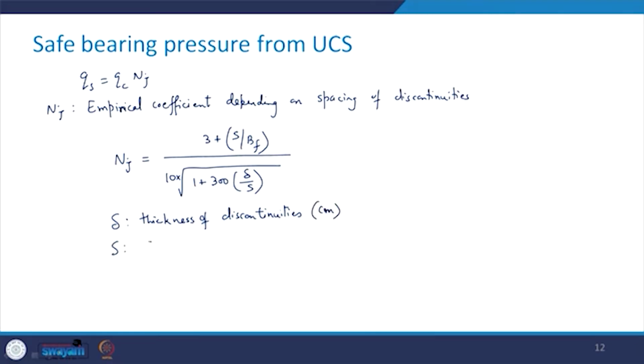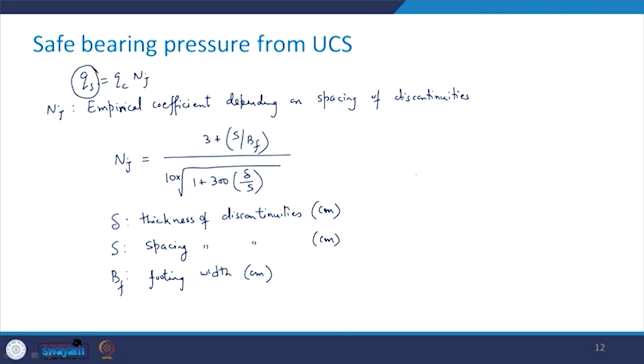S is the spacing of discontinuities, again in centimeter, Bf is the footing width, and this is also represented in centimeter. Now, one needs to keep in mind that what we are getting here is the gross value of the safe bearing pressure.